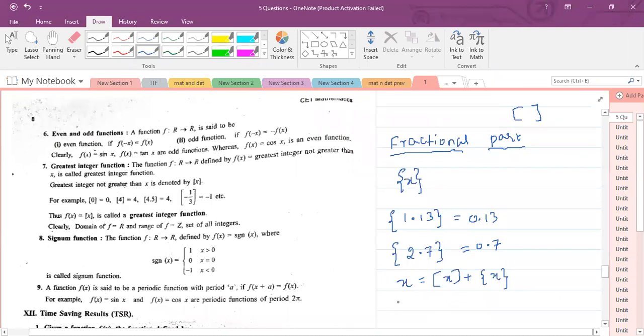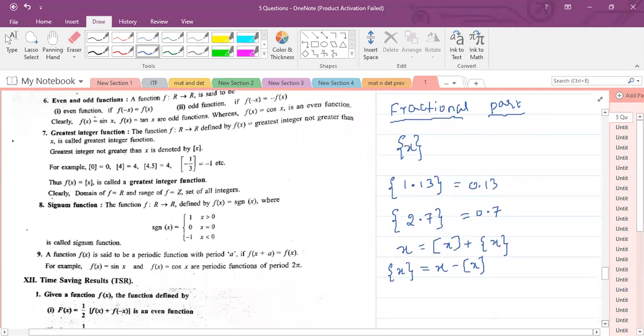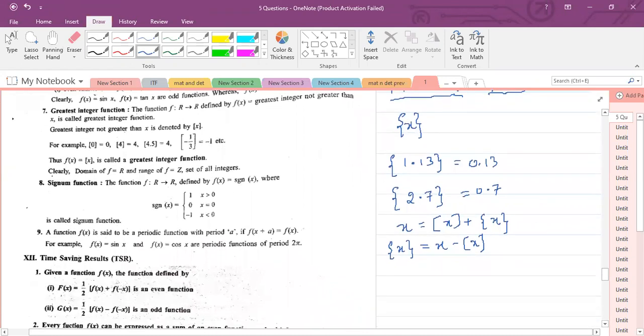Therefore, the fractional part of x is equal to x minus the greatest integer of x.